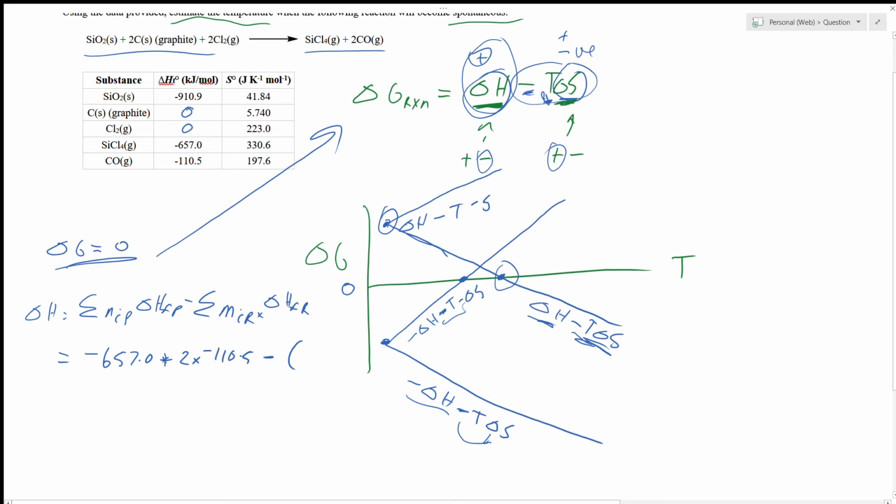Silicon dioxide 910.9, and we need to add that on to 2 times carbon, which is 0, and 2 times chlorine, which is 0 as well, which works out to be 474.9 kilojoules for that reaction.